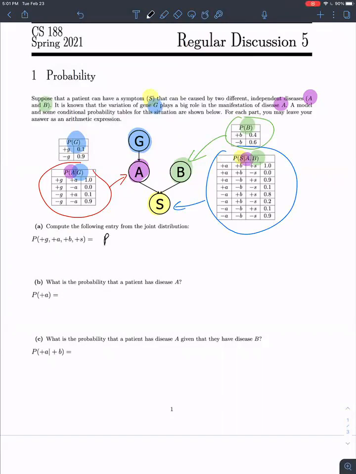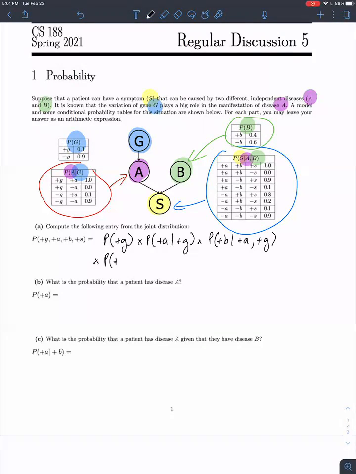It's the probability of plus G, times the probability that you're positive for disease A given that you're positive for gene G, times the probability that you're positive for disease B as well, given that you're positive for disease A and positive for gene G, times the probability of the symptom.